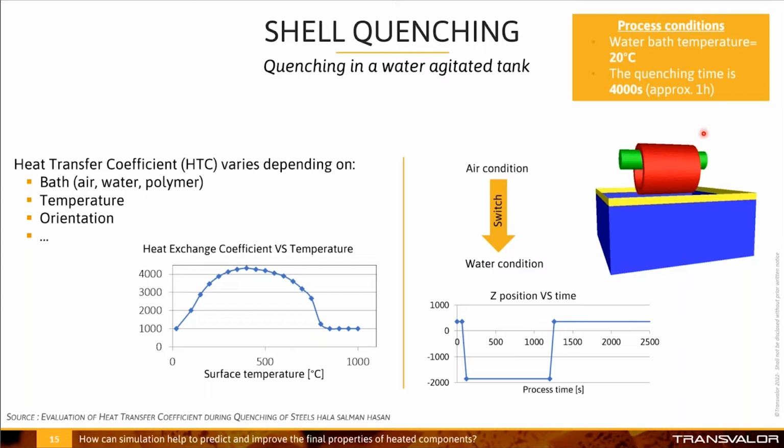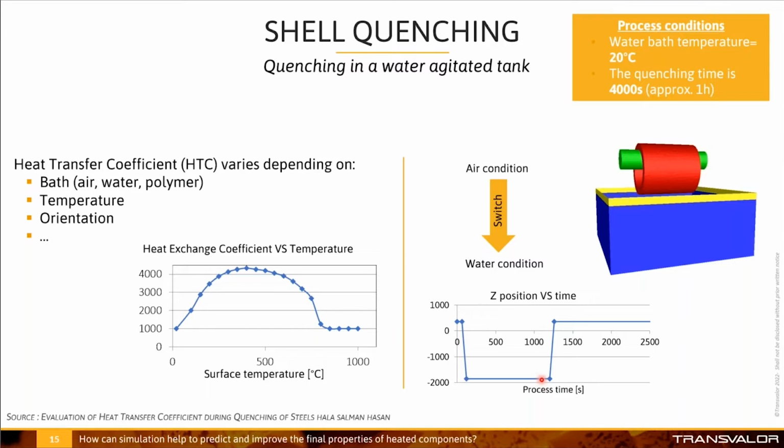As well, to model the quenching and the cooling in the air that happens before going into the water, we can model the heat transfer coefficient using a switch function. We can see here that when we are in the air, we have a small heat transfer coefficient. Then we have an important heat transfer coefficient when we go inside the water.